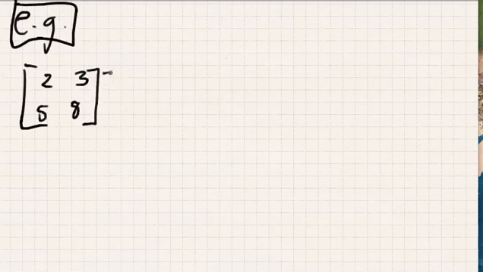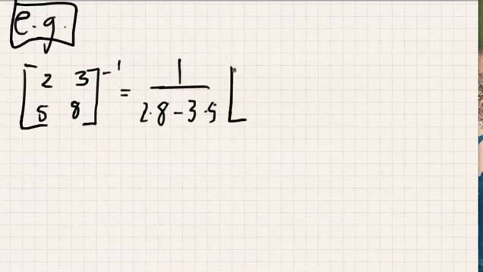Okay. To find its inverse, I take 1 over 2 times 8 minus 3 times 5 times, I swap the diagonal, I get 8 and 2. And I negate the other guys, I get negative 3 and negative 5.